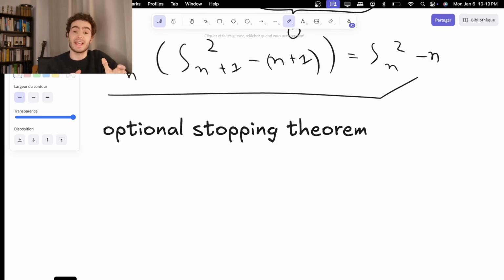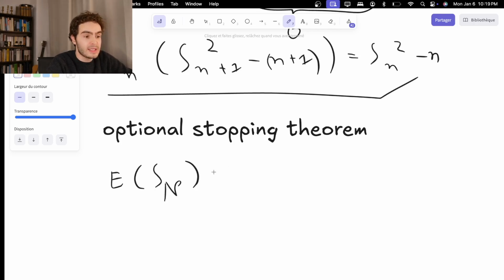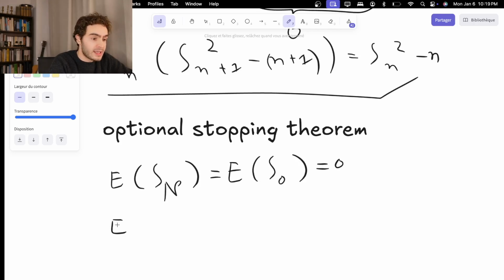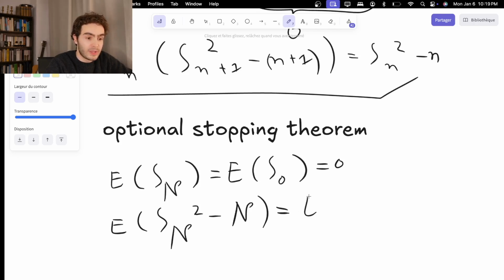Now that we know that Sn and Sn squared minus n are martingales, we can simply apply the optional stopping theorem, which states that the expected value of S at the stopping time N is equal to the expected value of S0, which is 0, and the expected value of Sn squared minus n is equal to the expected value of S0 squared minus 0, which is also equal to 0 because S0 equals 0.